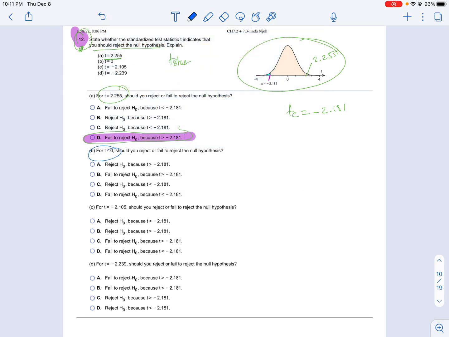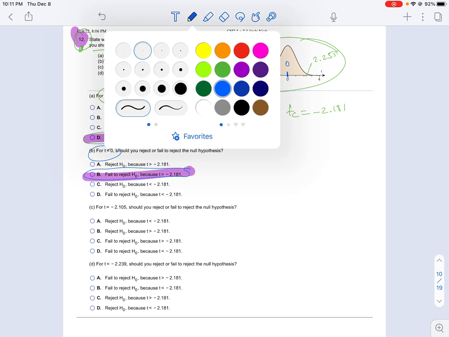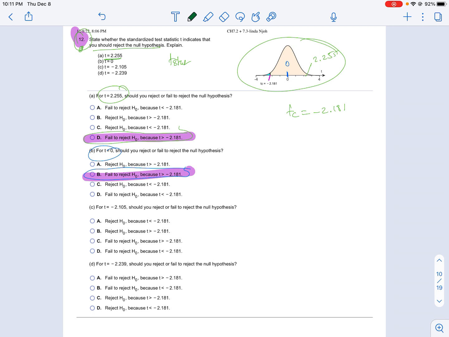Now the next one is t equal to 0. It's still not in the rejection region. We fail to reject because t is greater than. Hope everybody sees that. Okay. Now t is negative 2.105. So could be somewhere here.